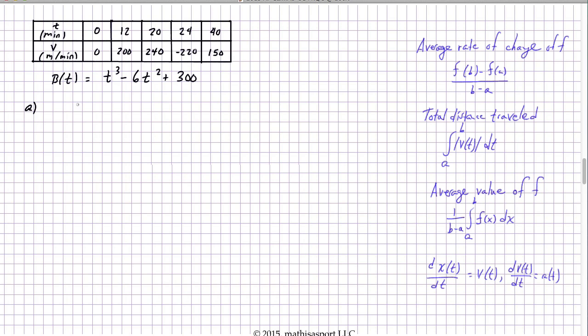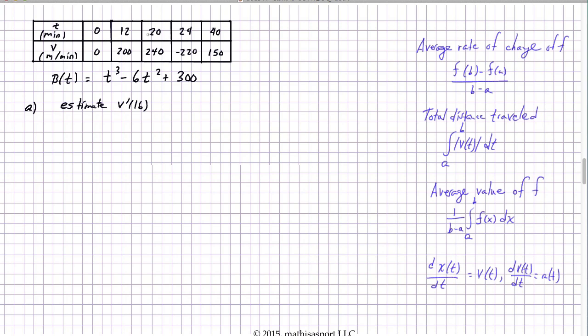And here we're asked to estimate v prime of 16. Well, the thing that we notice right off the bat, v prime of 16 for Joanna, whose velocities are represented in this table, is that we don't have any information about what's happening at t equals 16. And so we're trying to find the average rate of change of a function at 16.